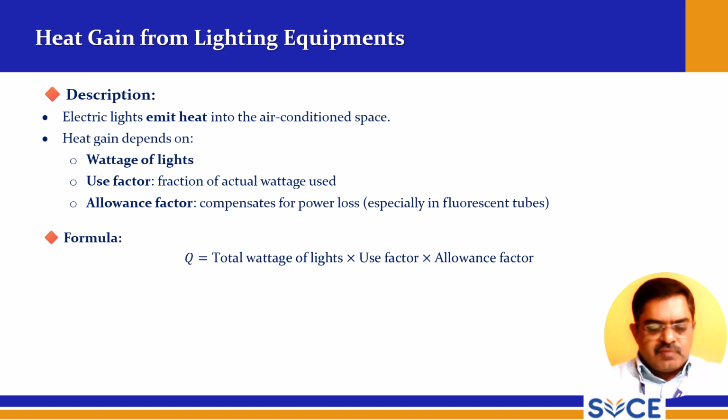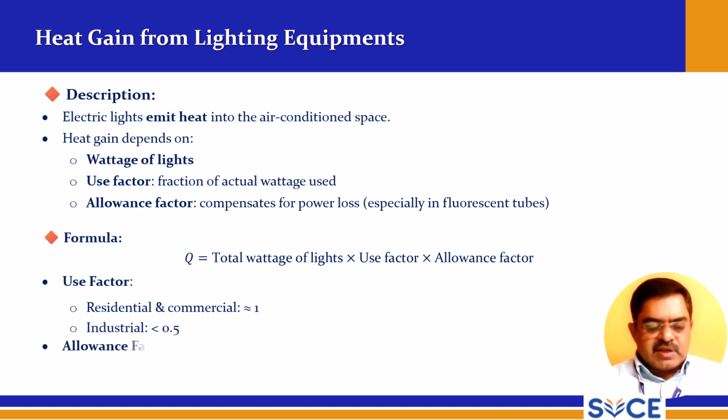And the formula to calculate heat gain here is total wattage of lights into use factor into allowance factor. So use factor for residential and commercial is approximately equal to 1, and for industrial it is lesser than 0.5, and allowance factor for fluorescent lamps is 1.25.